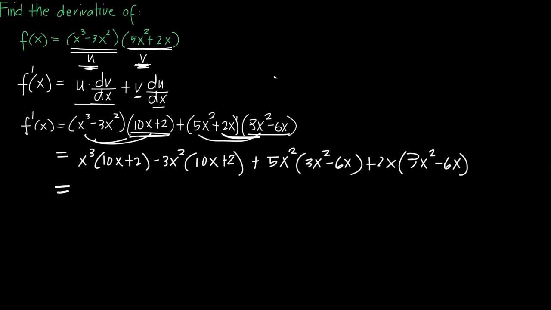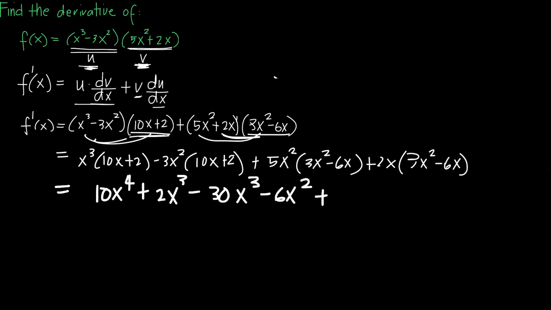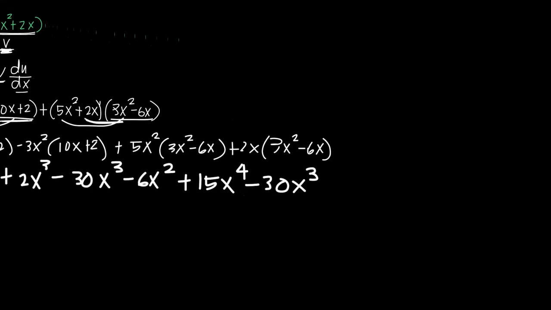So with patience, you have 10x to the fourth plus 2x cubed minus 30x cubed minus 6x squared plus 15x to the fourth minus 30x cubed, and then you have plus 6x cubed minus 12x squared.